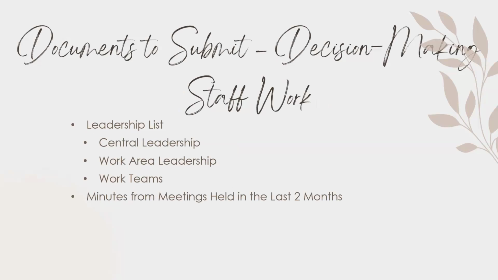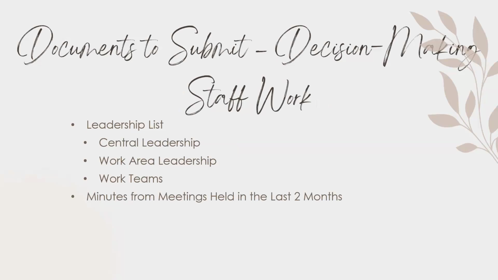For decision-making staff work, a list of individuals on your leadership team and their title, the role they serve in the organization. So for example, if you have a central leadership team, who's on it? If you have work area leadership teams, who is on the team?